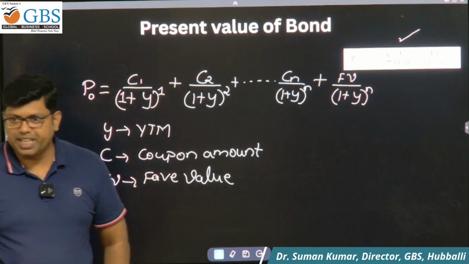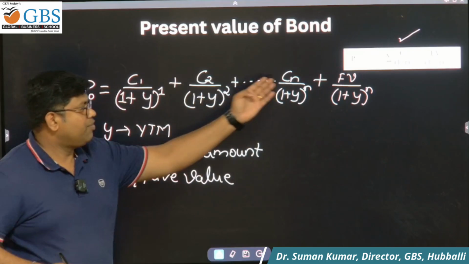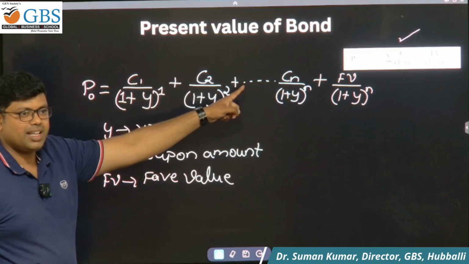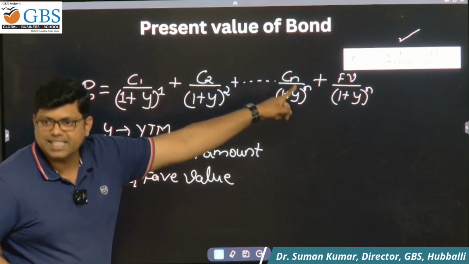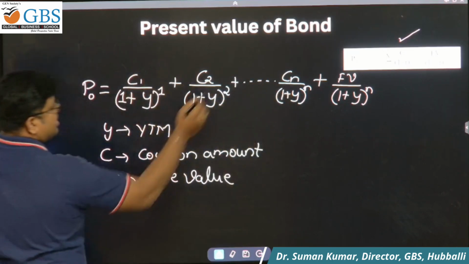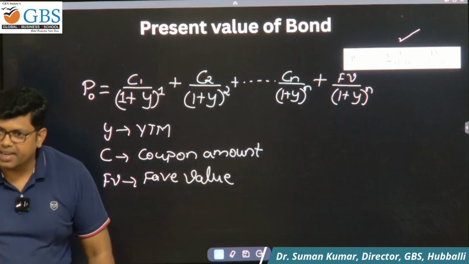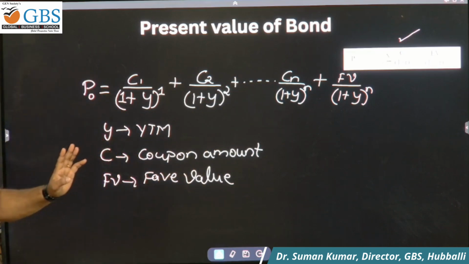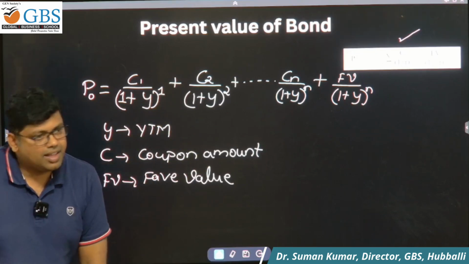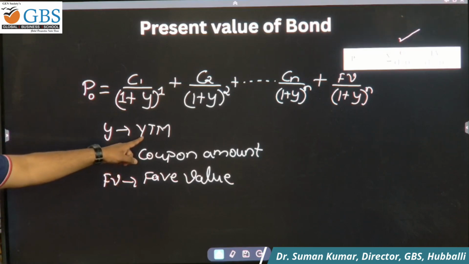So what is the meaning of n here? Maturity year, right? N may be 3, 4, 5. If it is 5, you'll get one more, C3, C4, then C5. Very simple. The dots here mean it may go up to the nth year. Clear? Any doubt up to this? So this formula is used to find out the present value of a bond. The first point is YTM is needed.